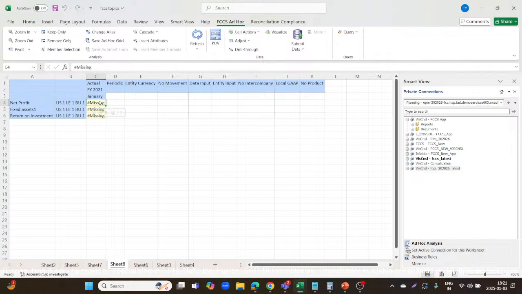Suppose my net profit is 6 lakh and my fixed asset is 1 lakh 10,000, and I submit this data.